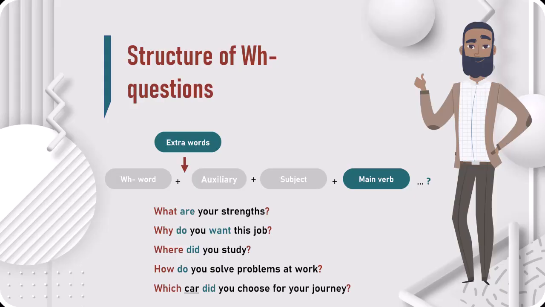Another example is, where did you study? The next example is, how do you solve problems at work? And the last one is where we have the extra word: which car did you choose for your journey?